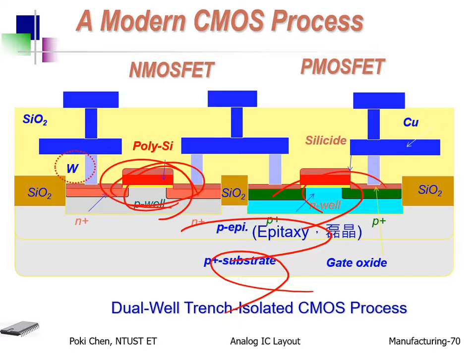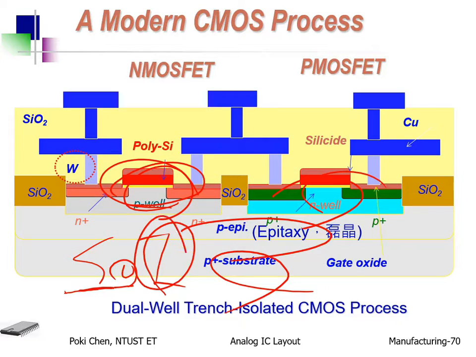So money talks. But you can say, hey, do you have such kind of process very close to dual well? Yes, especially for SOI, silicon on insulator. You need some kind of insulator to have better performance MOSFETs.